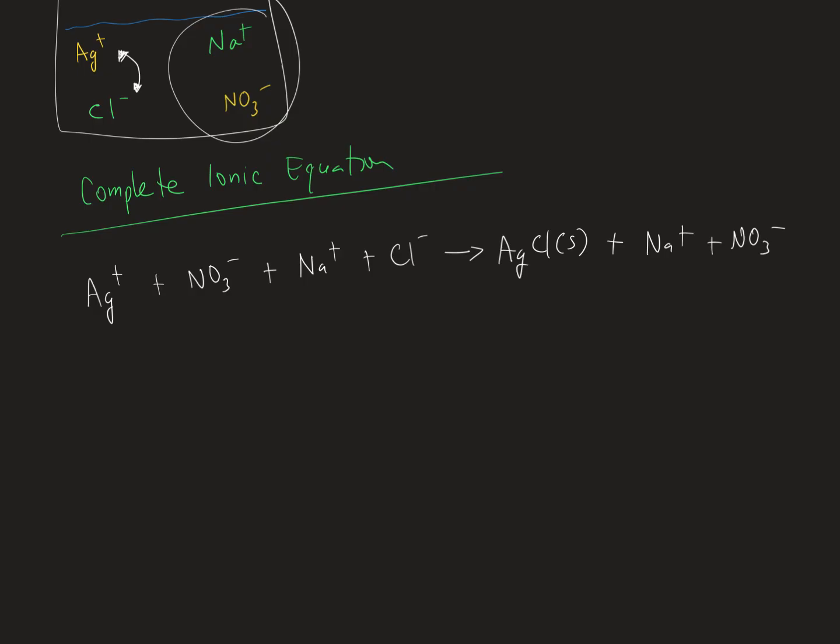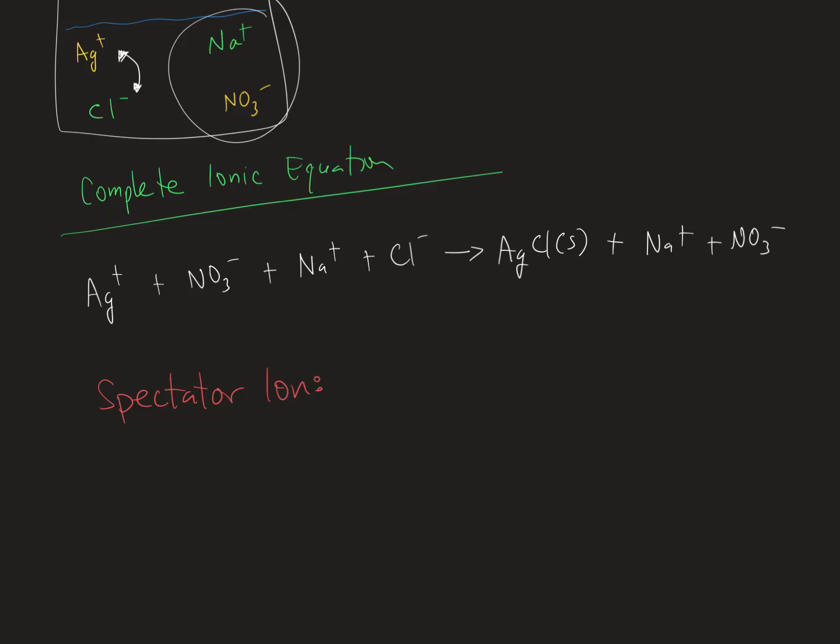Now, we like to have things simple, right? Well, that just made it worse. So this is not the final end result. So we've got to find the spectator ions. You guys know what a spectator is? Somebody that's not involved.